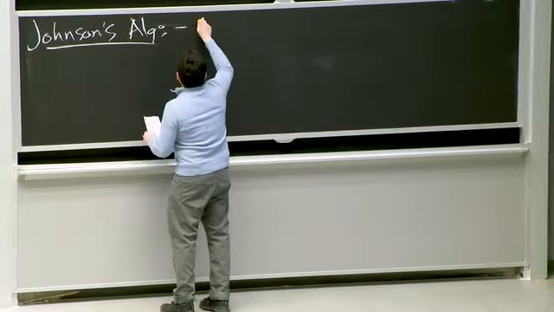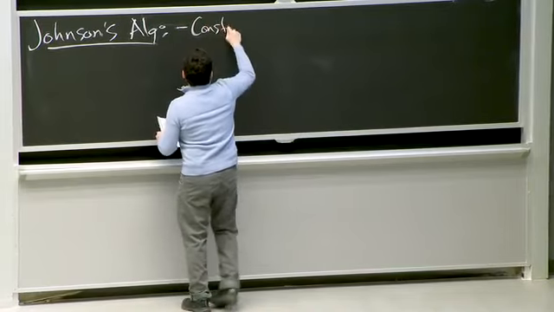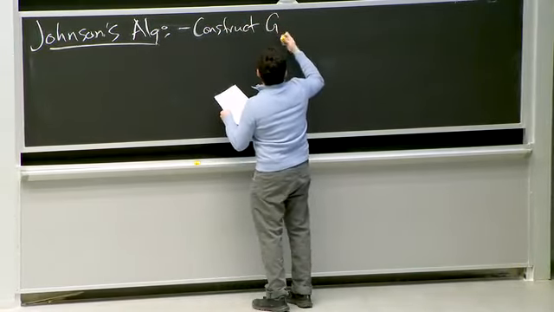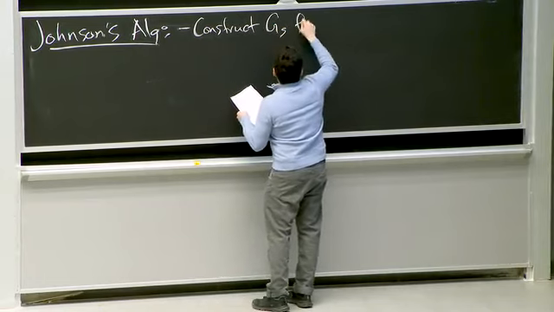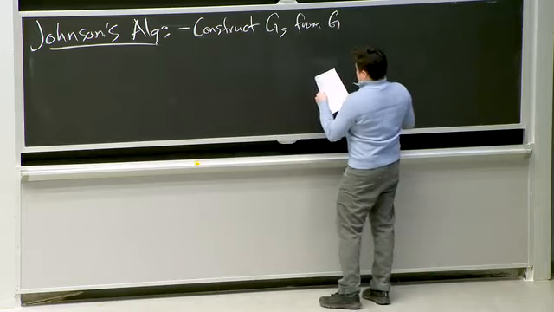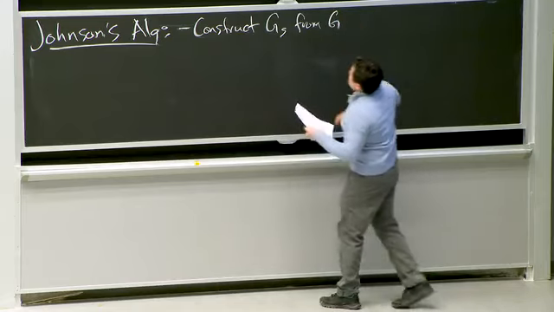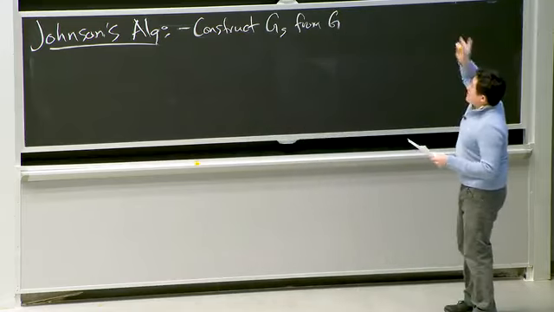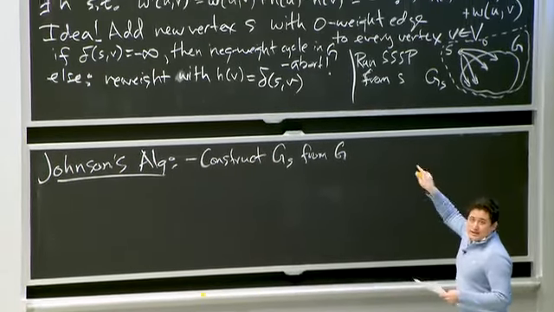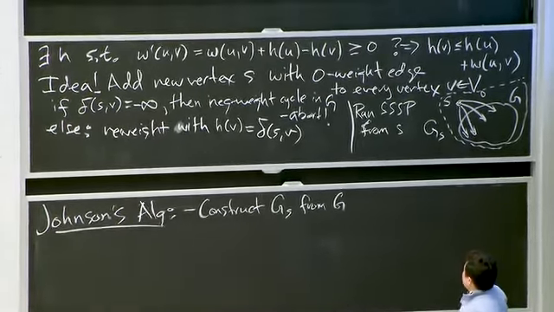So Johnson's algorithm, what are the steps? Construct GS from G, just as up here. I make a new vertex S. I put a zero weight directed edge from S to every vertex.